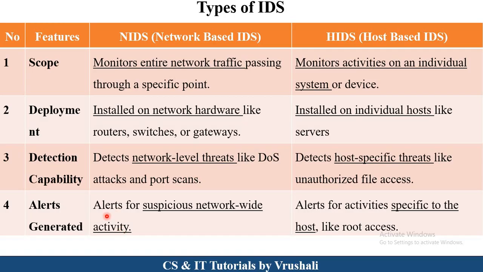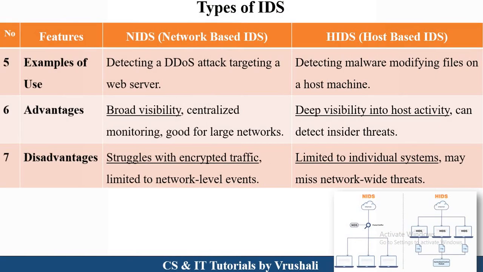NIDS software generates alerts when there are suspicious network-wide activities. But host-based IDS alerts on activities for a specific host, a specific device. There are different examples: NIDS detects DOS and DDoS attacks from the web server, and HIDS detects malware or someone modifying a particular file, like active attack or passive attack, from the host machine.